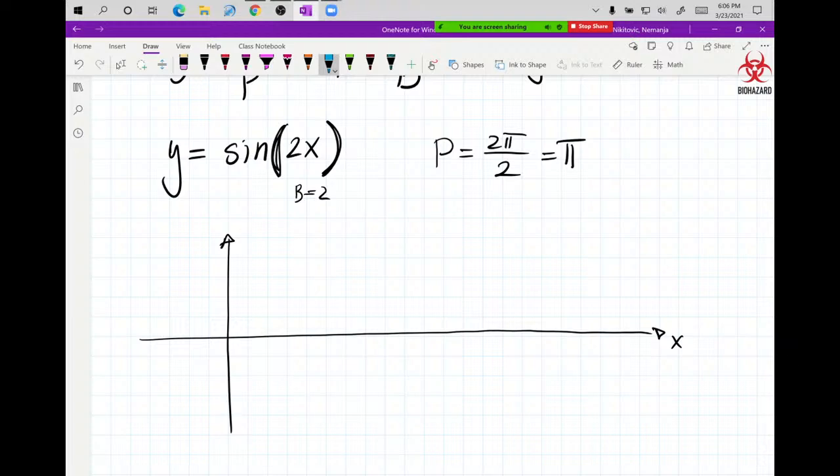So I'm just going to put the amplitude, which is at 1 and -1 for this problem. The period is changed. So the old period was 2 pi, this one is just pi.